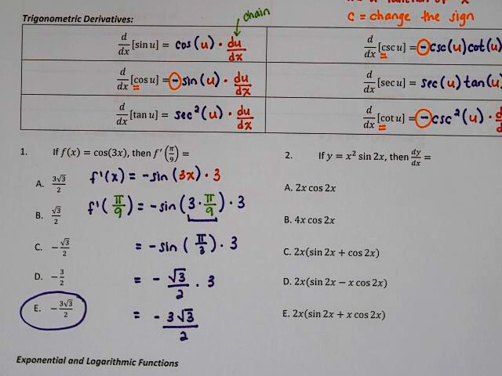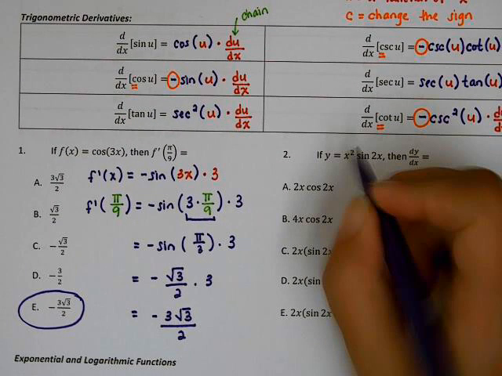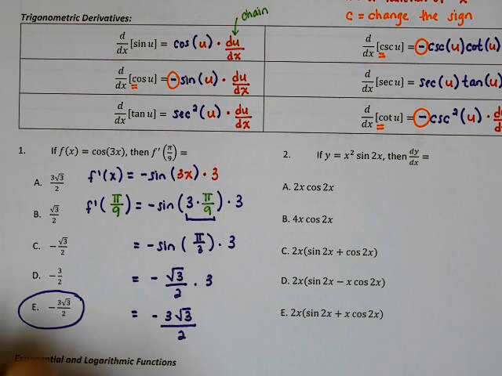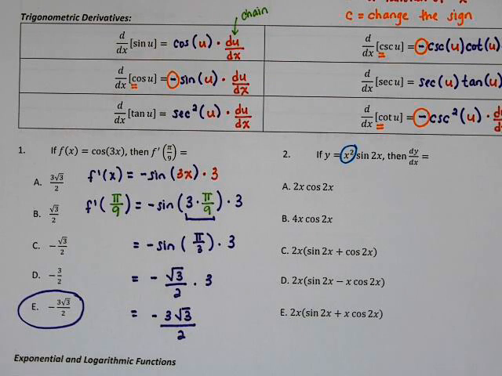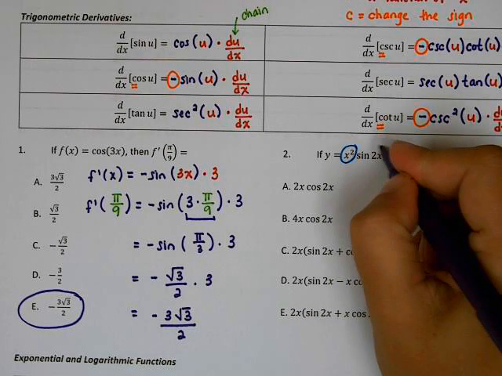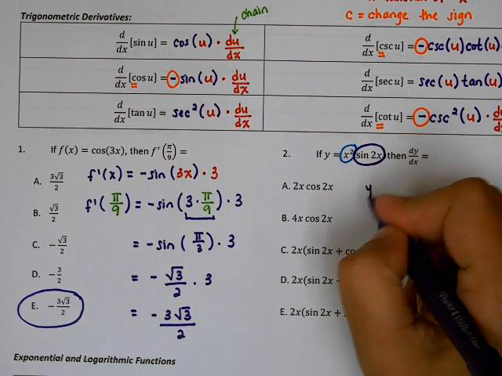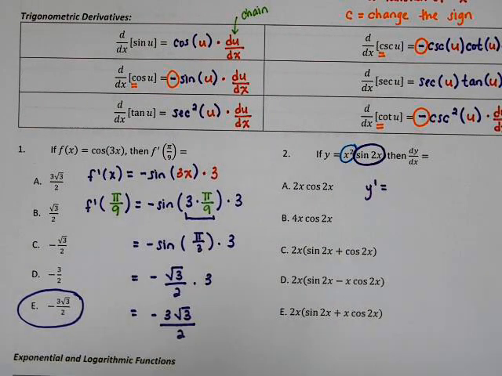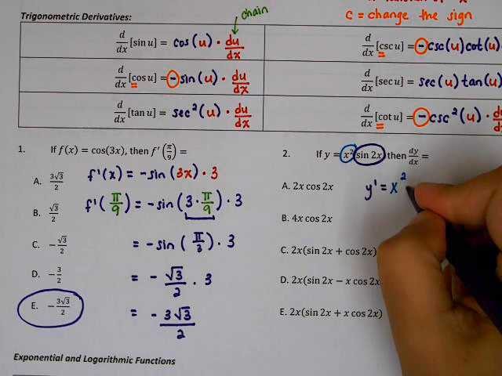Now for problem number 2, I'm going to need to use product rule because in this problem I have a first function, x squared, times another function, sine of 2x. Now product rule says, and this is a rule we already learned, that you copy the first one, x squared, take the derivative of the second one.